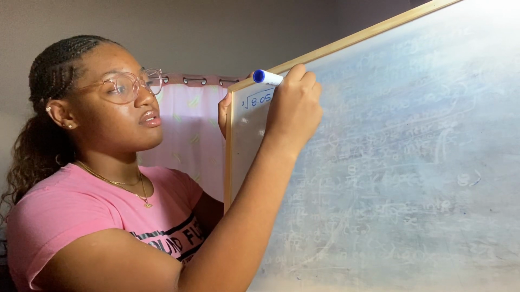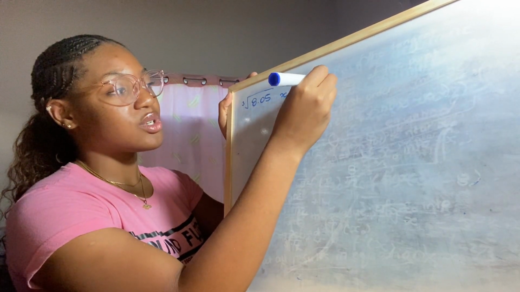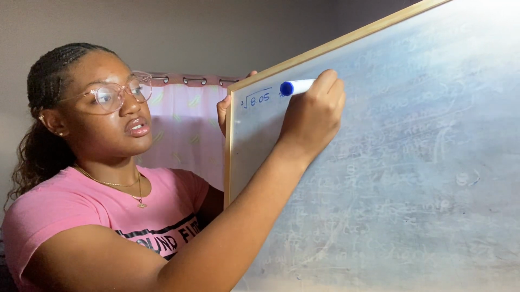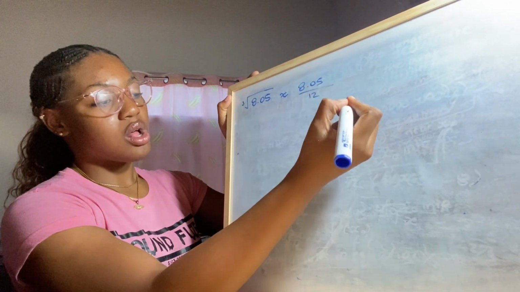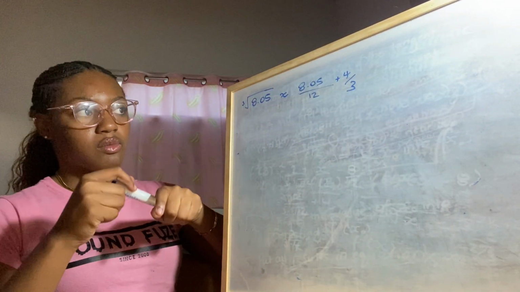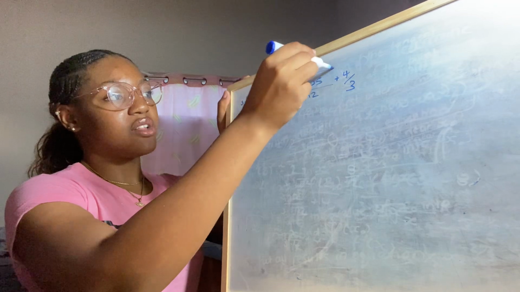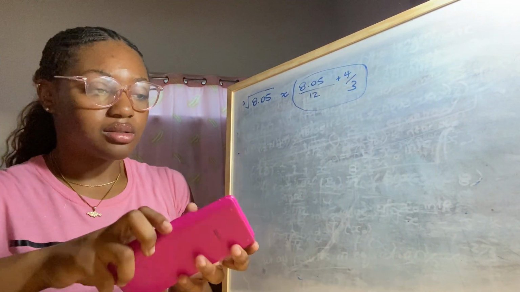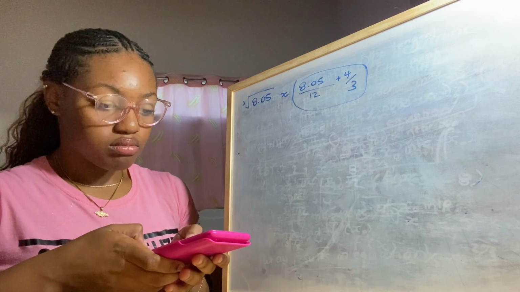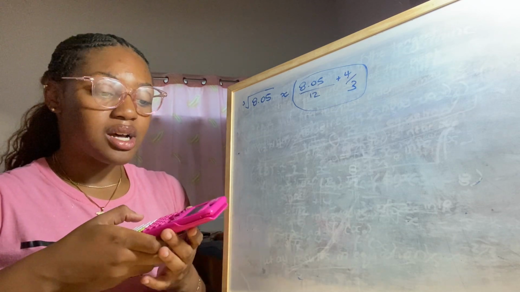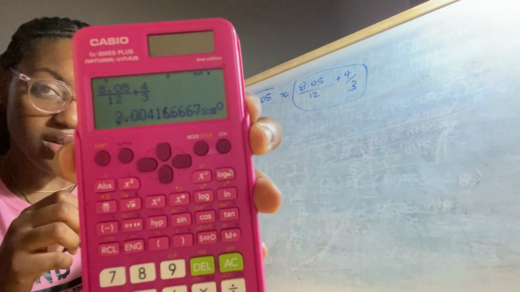So wherever we say x, we're going to put 8.05. So this is 8.05 over 12 plus 4/3. I'm just going to find what is the value of this. So I'm going to put that in the calculator. So when we put it in the calculator, we're getting this number.